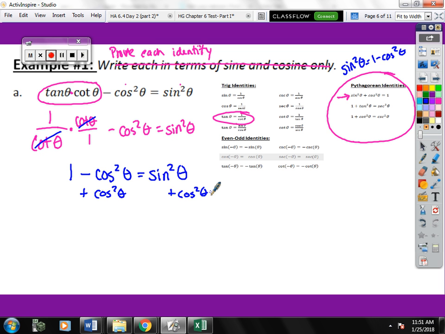The inverse of subtracting is adding. And then you'll get the exact identity. Backwards, but we know the symmetric property allows us to flip it. And then we can put 1 equals 1. We want the exact same thing on both sides.